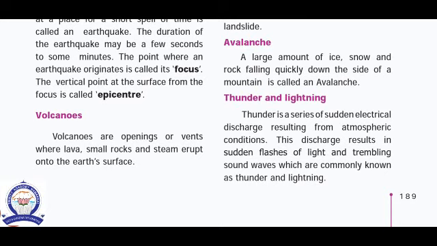Thunder is a series of sudden electrical discharges resulting from atmospheric conditions. This discharge results in sudden flashes of light and trembling sound waves, which are commonly known as thunder and lightning.